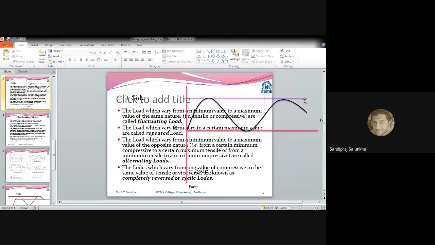So that is the second type. And that reverse type, because we have to design the components against the reverse loading as well as alternating loading. That alternating loading is nothing but which varies from its minimum value to maximum value of positive nature. Compressive or tensile, we can say.